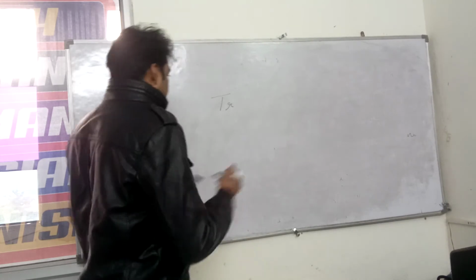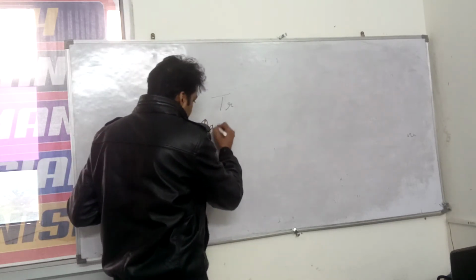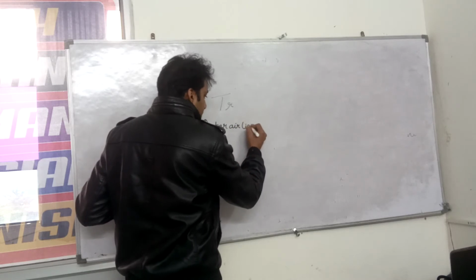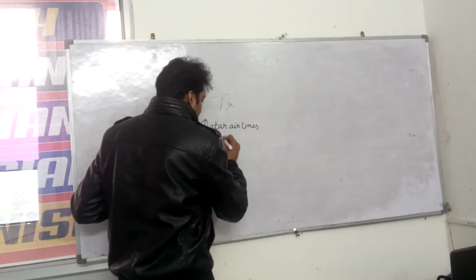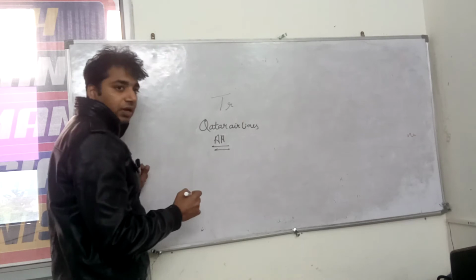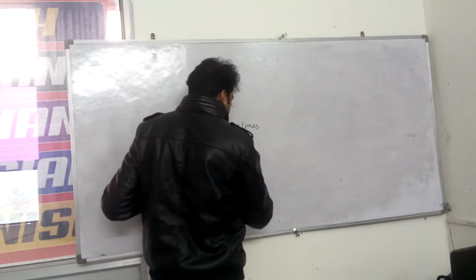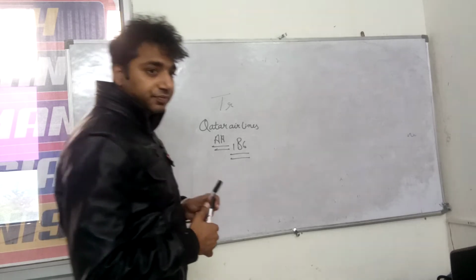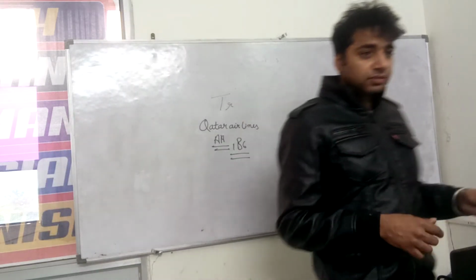Qatar Airways always combines with American Airlines and B6, which is JetBlue. I will explain B6 to you.